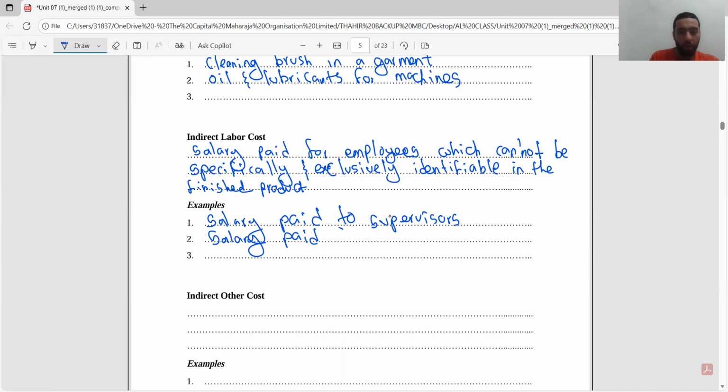Salary paid for factory managers. And then salary paid for storekeeper.